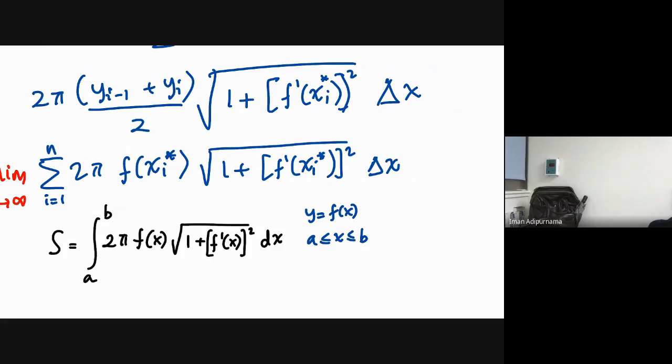It seems like you need to memorize quite a long formula, but actually no. You just remember 2 pi RL, and how you integrate it depends on your arc length. If your arc length is a function of x, then all will be dx.